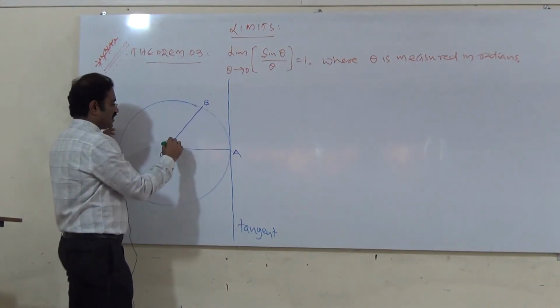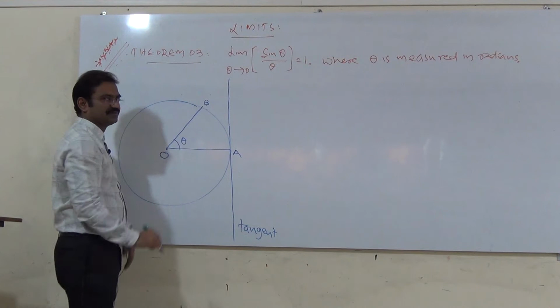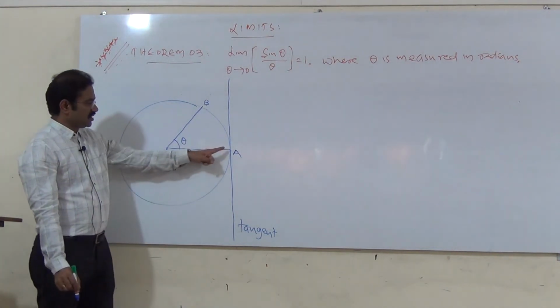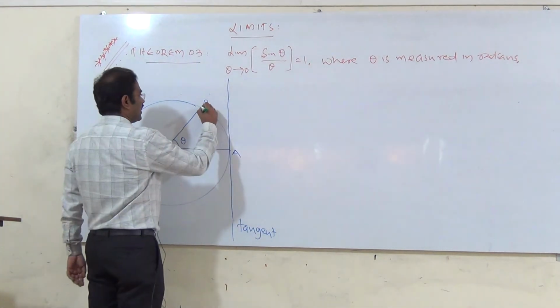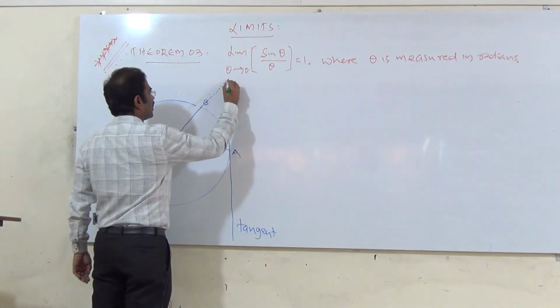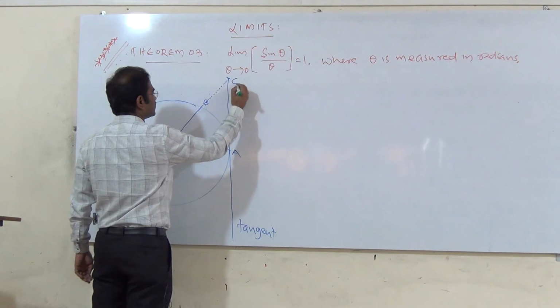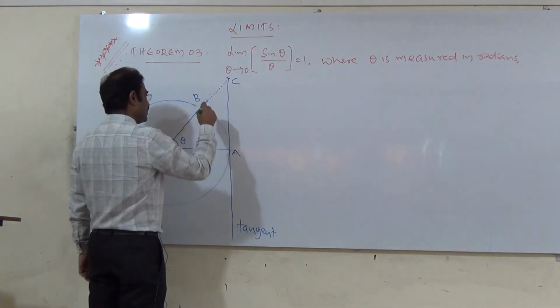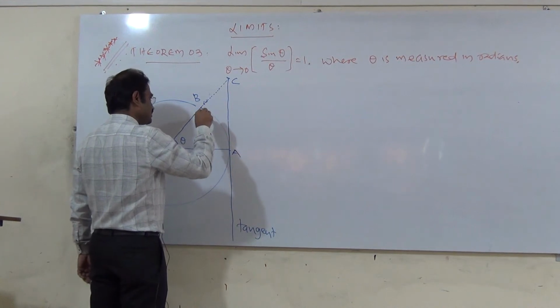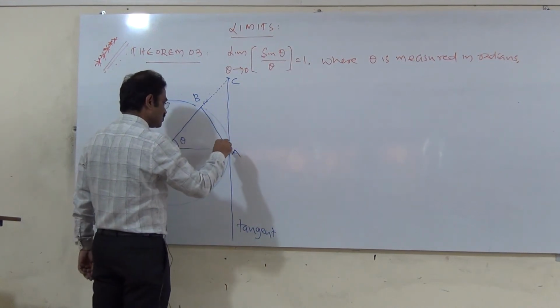Now it makes an angle, how much? Theta. Angle AOB is equal to theta, and extend this OB and it cuts here at C. This is your B and this is C. Later I join this.